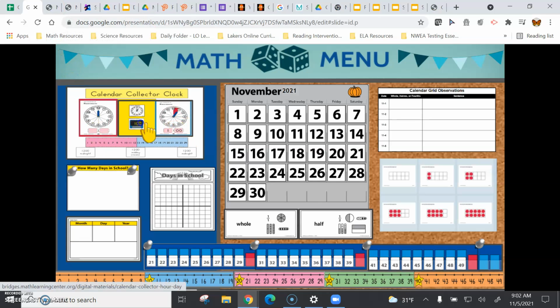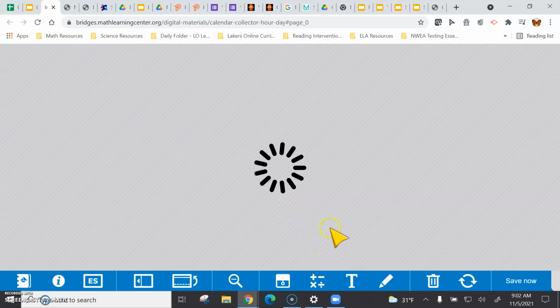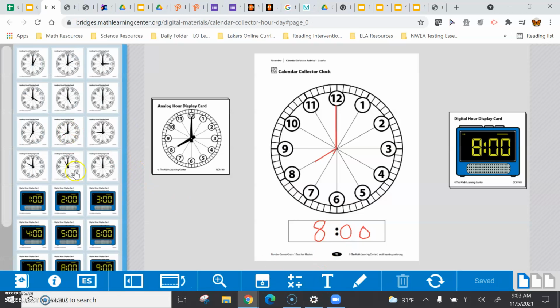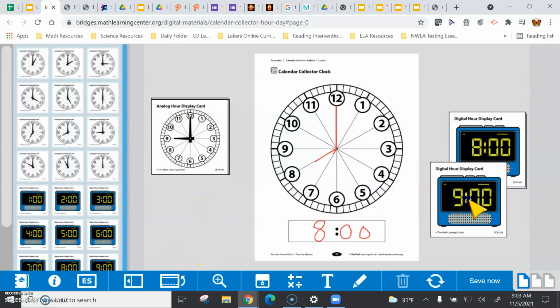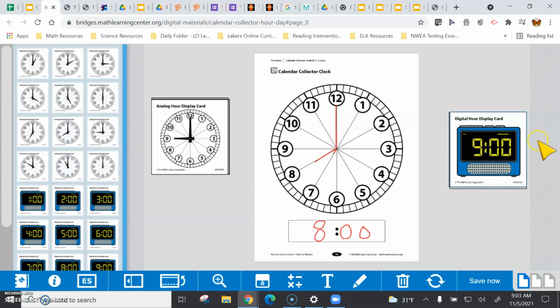We need to add 1 more hour to our calendar collection. So when we add 1 more hour with an analog clock, the time becomes 9 o'clock. Do you see how the little hand is pointing towards the 9 and the big hand towards the 12? Then we'll grab our digital clock. Our digital clock also has a 9 on it as the first hour of the day shown on that clock.